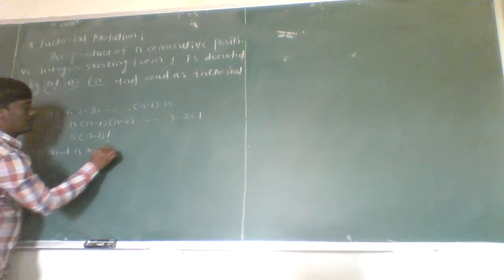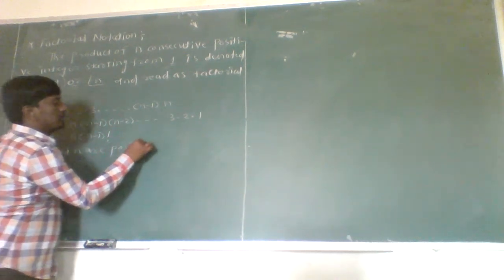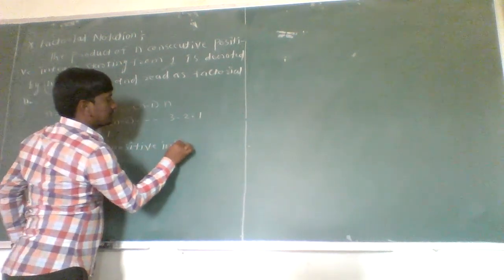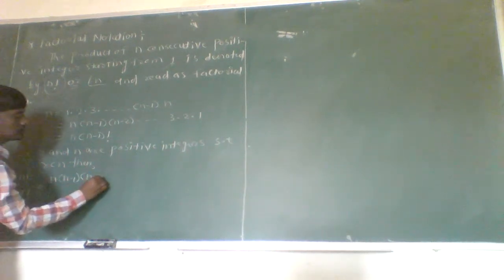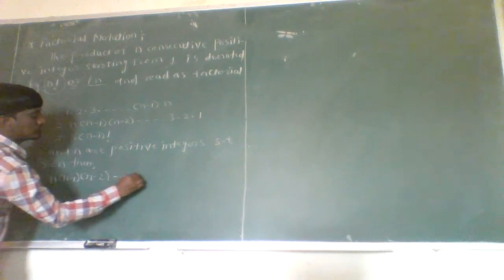Okay, now suppose r and n are positive integers such that r is less than n, then n factorial upon r factorial is equal to n factorial, which is nothing but n into n minus 1 into n minus 2 into up to so on.